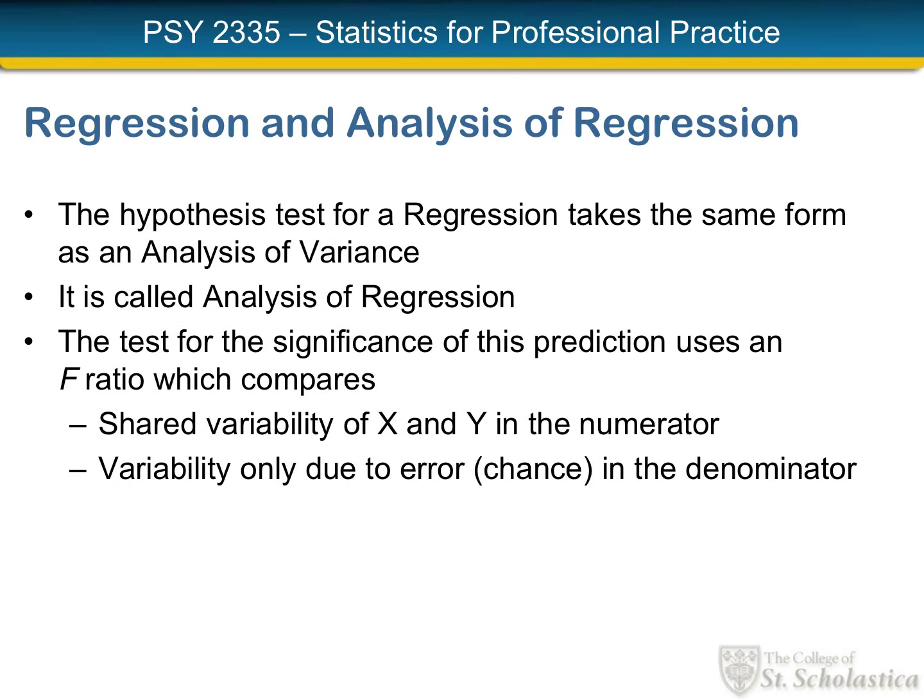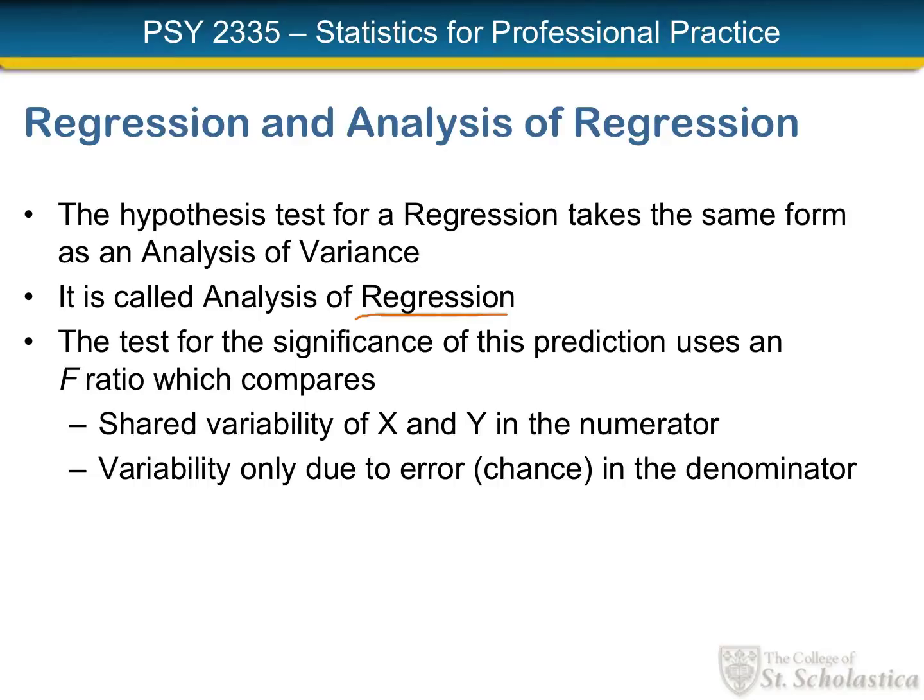Some of the other elements of our regression output let us do something that's very similar to an analysis of variance. It's called an analysis of regression, and it gives us a test for the significance of the regression line as a prediction.